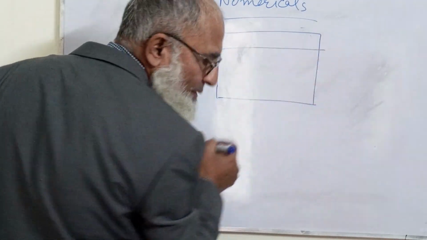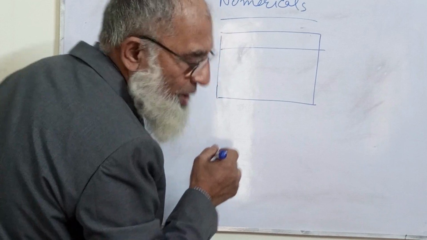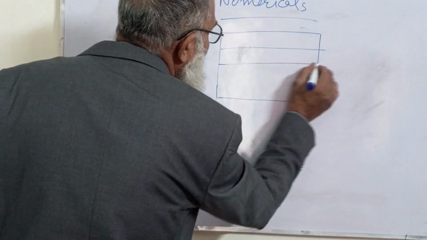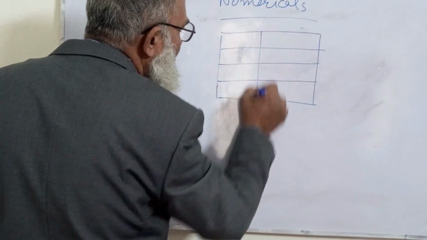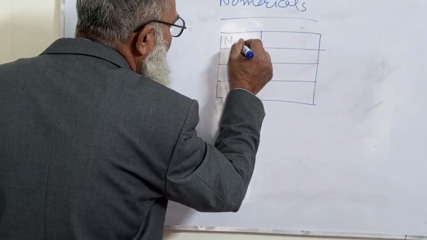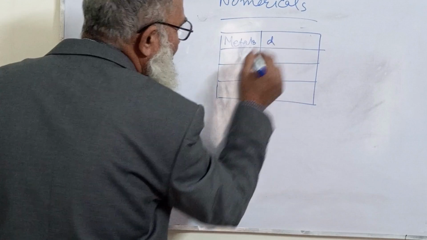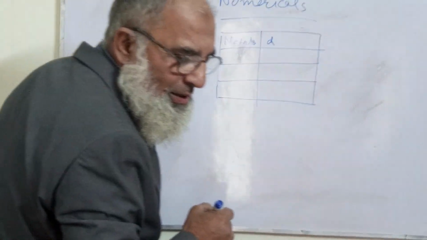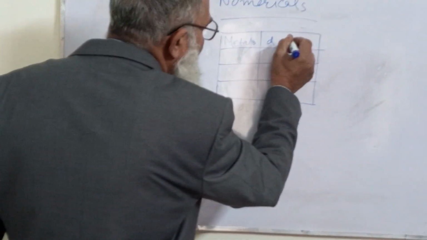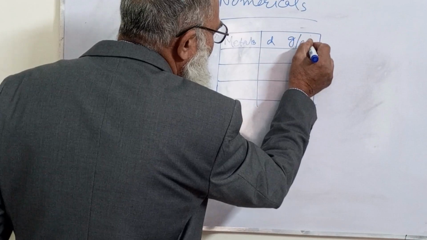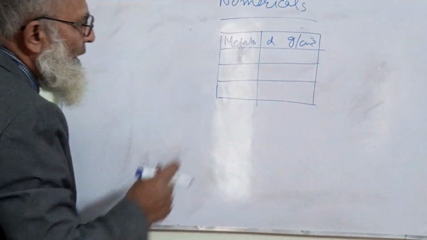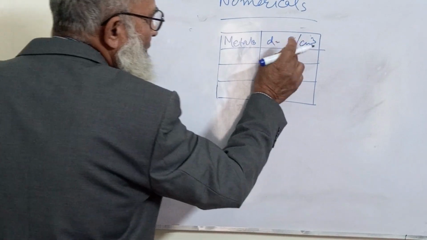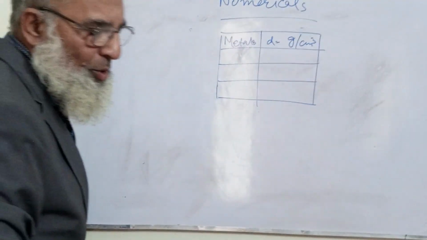A table is given with 3 metals, the names of the metals, and density, given in grams per centimeter cube.